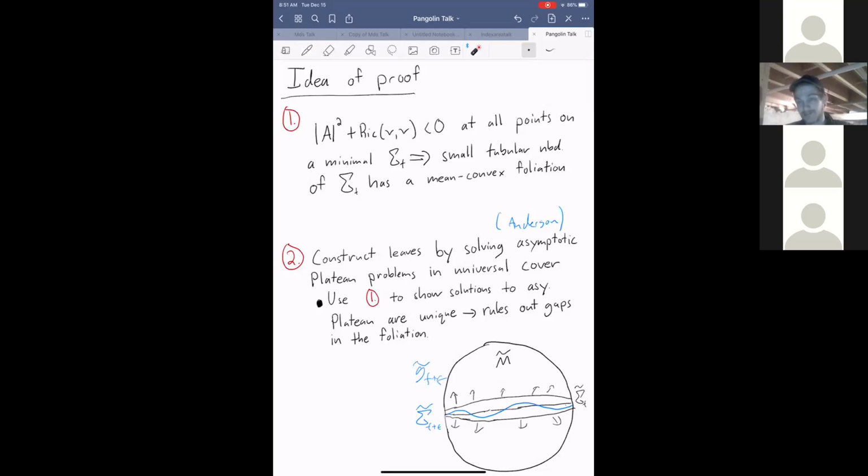Passing to a subsequential limit, sending the circles to infinity, we get the surface sigma sub t plus epsilon tilde that I have drawn in blue. That is a minimal surface for this new metric, g sub t plus epsilon tilde, on the universal cover.